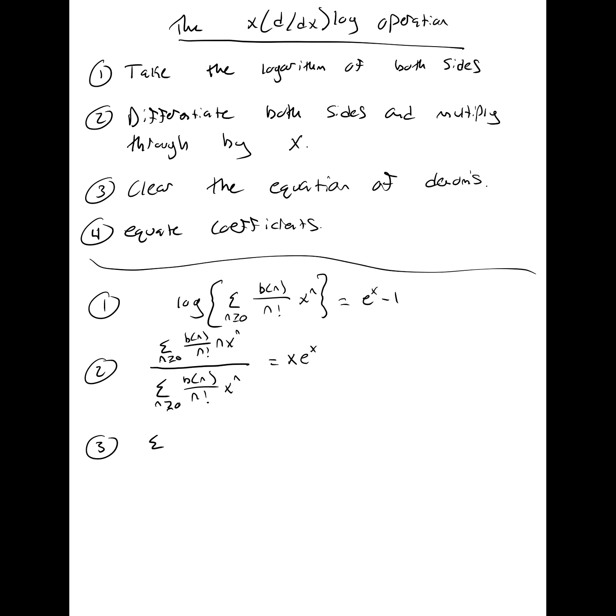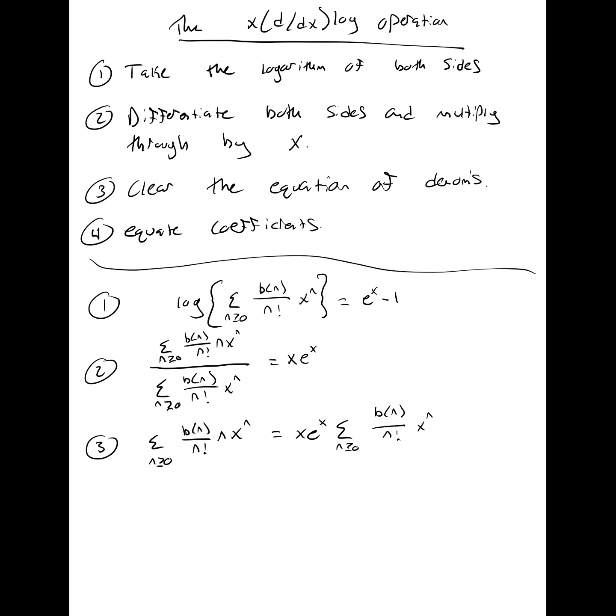So I'm just going to write the numerator of the left-hand side, and that'll be equal to x e to the x, sum over n greater than or equal to 0 of, well, I'm just rewriting the denominator, which was on the left-hand side before, now on the right.